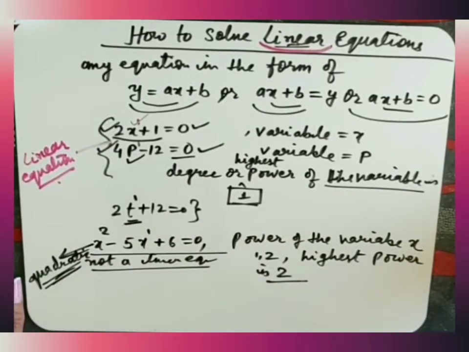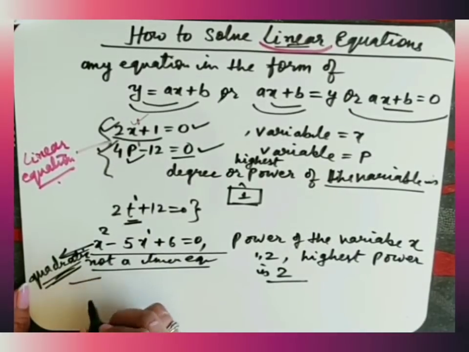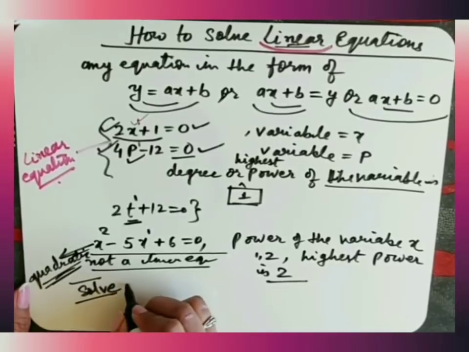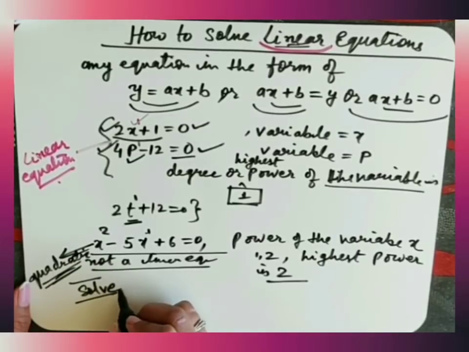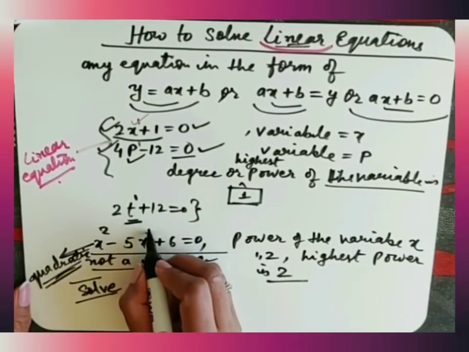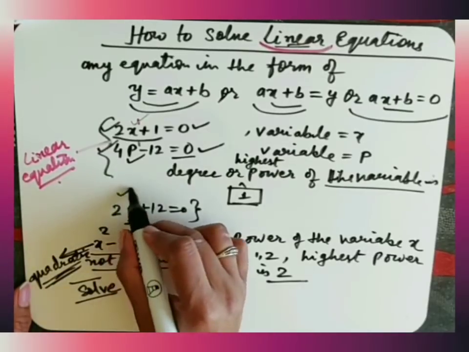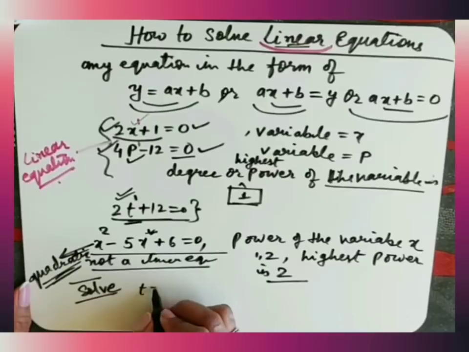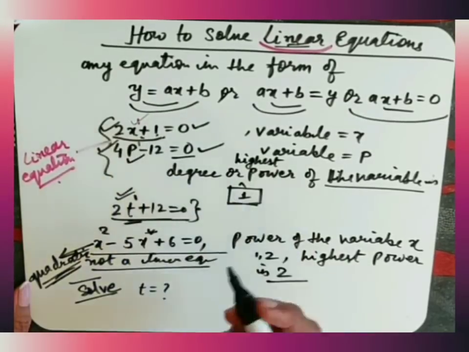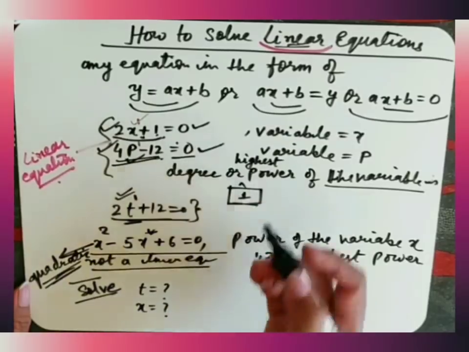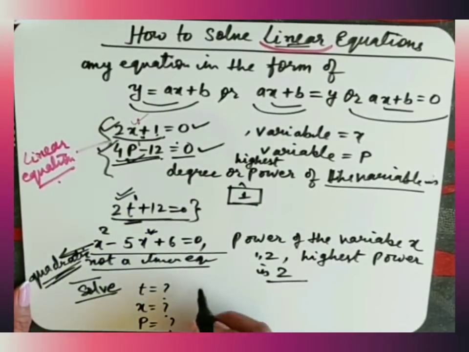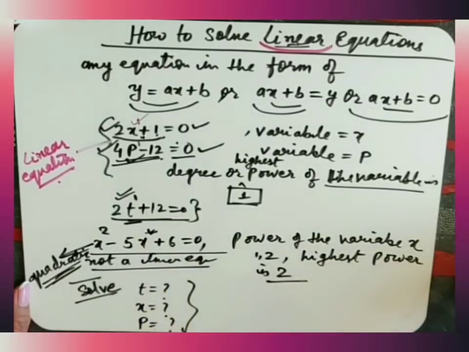If in any question it is written to solve the equation, it means we need to find the value of the given variable, which could be x, t or p, anything, that satisfies the equation. If we solve this linear equation, we need to find the value of t, here the value of x, and here for 4p minus 12 equal to 0, we need to find the value of p.